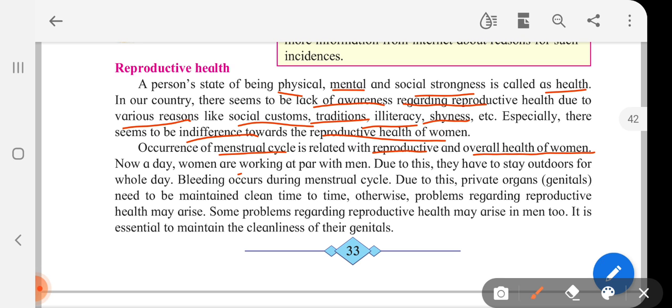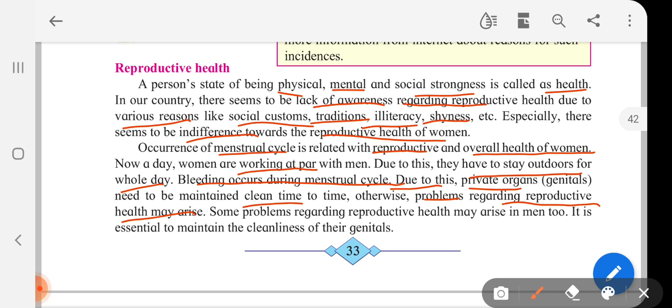Nowadays women are working at par with men. Due to this they have to stay outdoors for the whole day. Bleeding occurs during the menstrual cycle. Due to this, the private organs, the genitals, need to be kept clean from time to time, otherwise problems regarding reproductive health may arise.